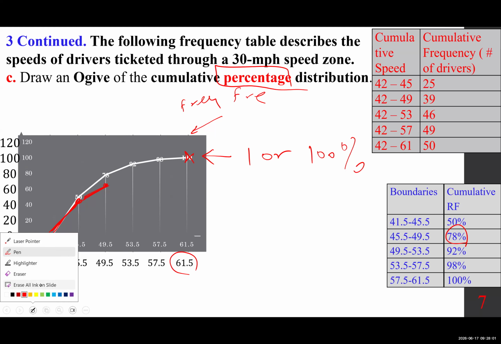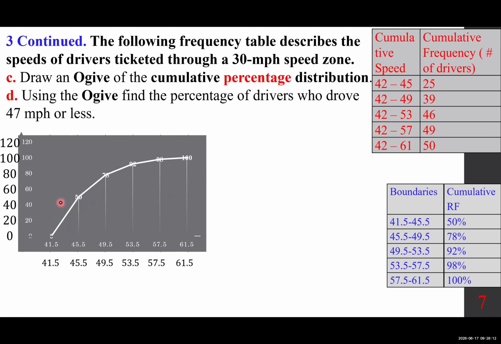Using the ogive, find the percentage of drivers who drove 47 miles per hour or less. So we're going to locate this number, 47, somewhere here, and then find the number here, and that would be the answer.